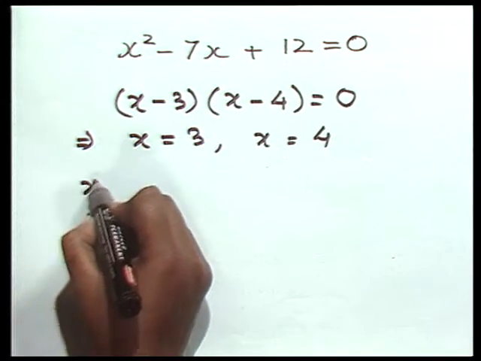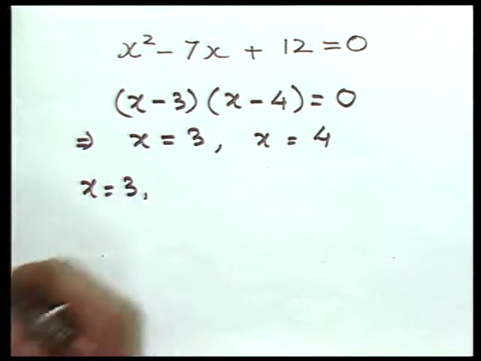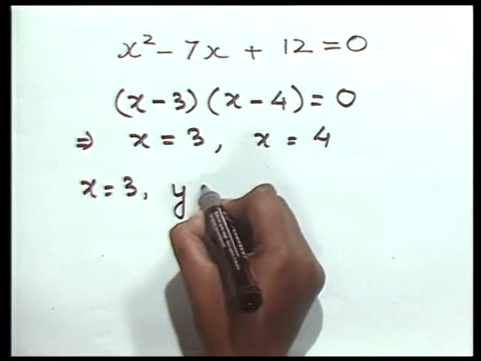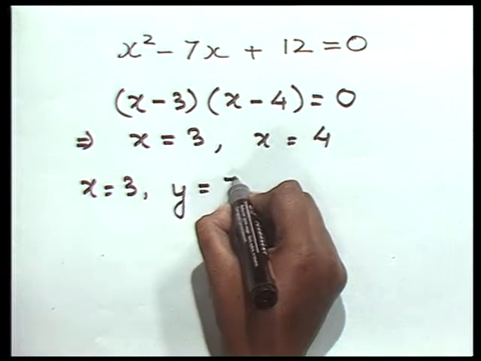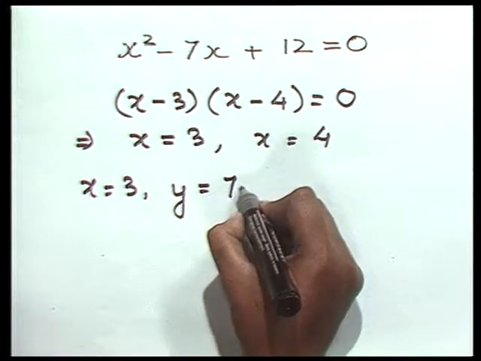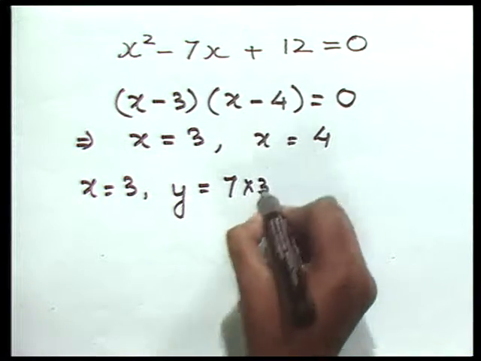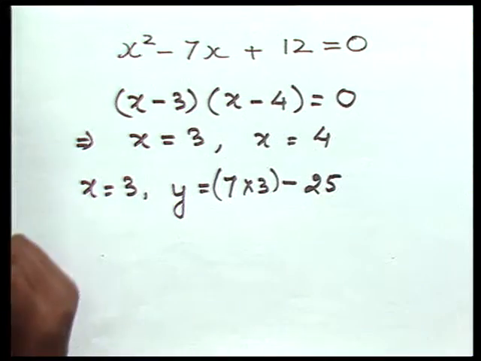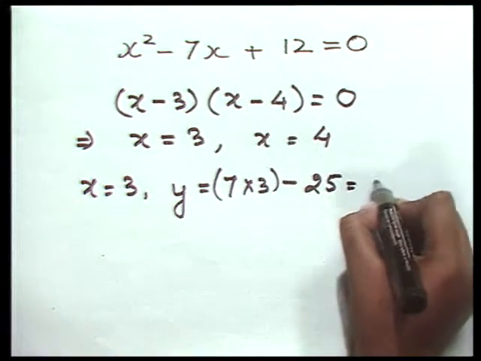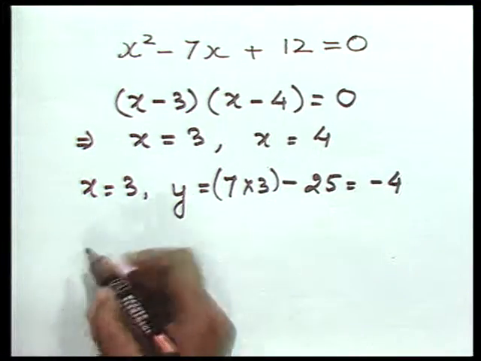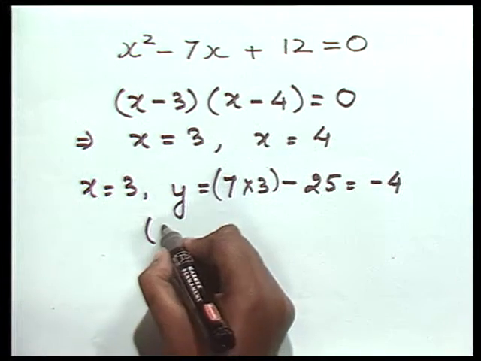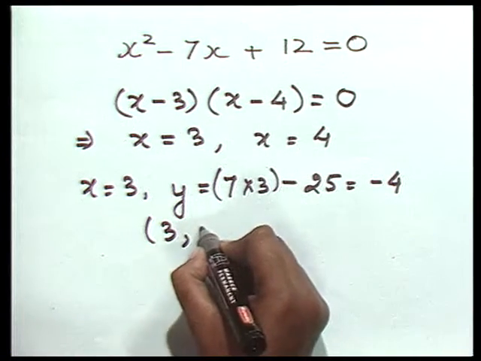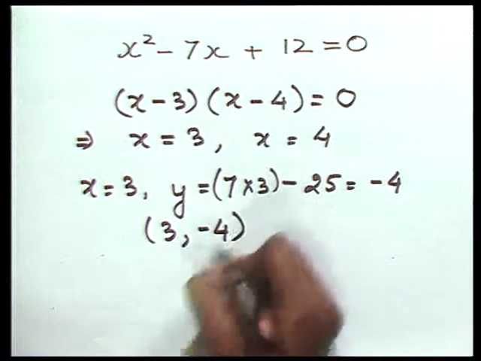Now, if x is equal to 3, then we get the value of y, which was 7x minus 25. So, 7 into 3 minus 25, which is equal to minus 4. So, one point of intersection of the line and the circle is (3, minus 4).